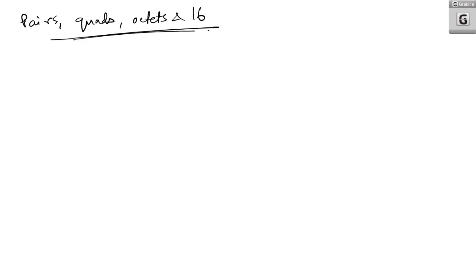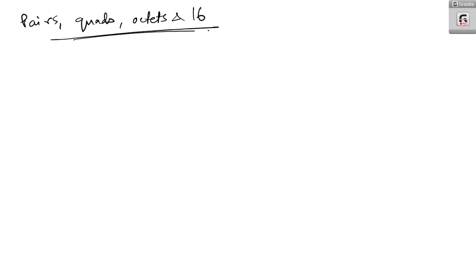These are the four forms in which you can reduce an expression. So how to take pairs, how to take quads, how to take octets, and how to take it as a whole, that part we will deal with while doing a problem.